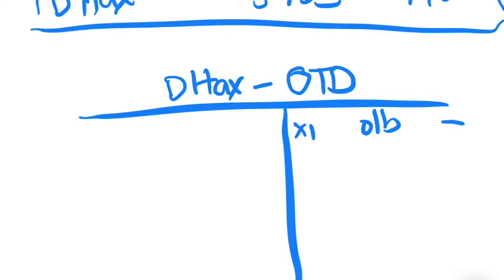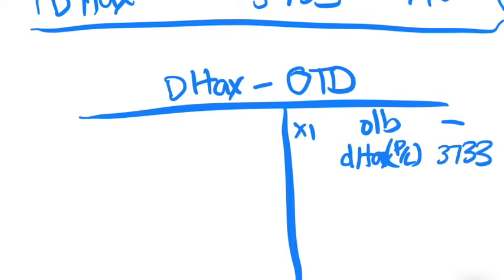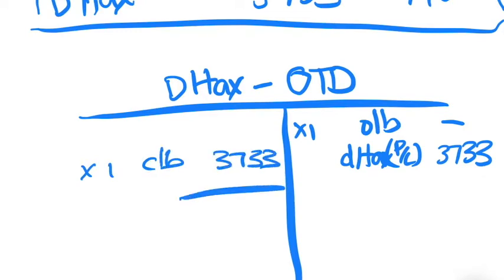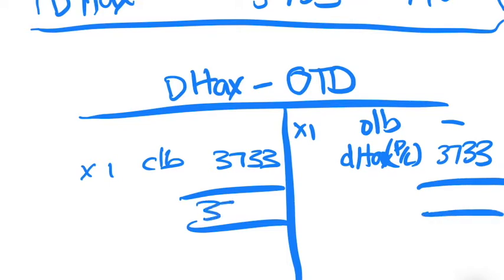Then during the year, we would have had our deferred tax that went through P&L for the machine, and that is 3,733. Then let's just do the closing balance over here. That brings us to a closing balance of 3,733. We'll balance that.